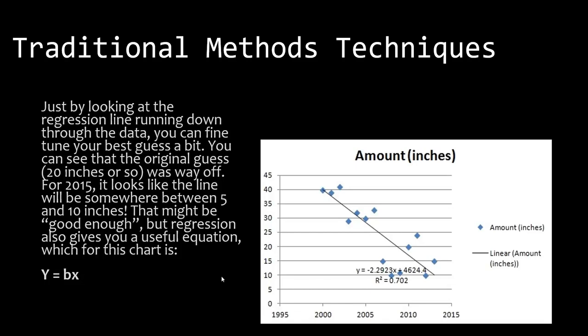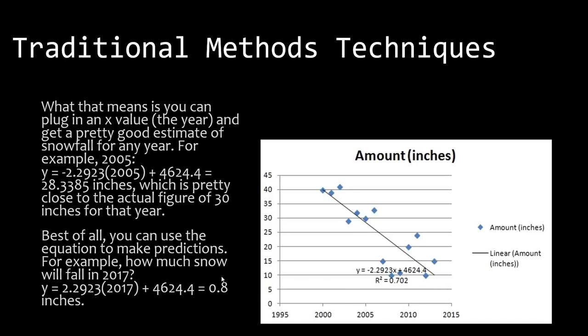That might be good enough, but regression also gives you a useful equation, which is y equals bx. And you might be saying, what the heck? Let's just look at it. Y equals bx. This equation is kind of cool, where y is a certain number based upon statistics that we actually figure out, and we can plot in. This number right here comes from the statistical formula based upon everything that's been plotted before.